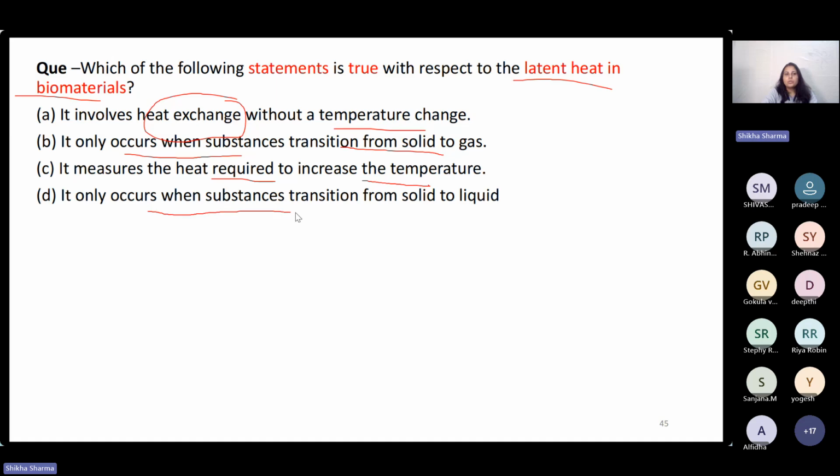Would anyone like to tell what is latent heat of biomaterials? Shivaswamy is saying A, and C is okay. So it measures the heat required to increase the temperature.